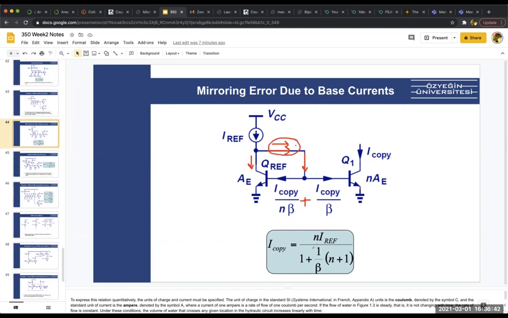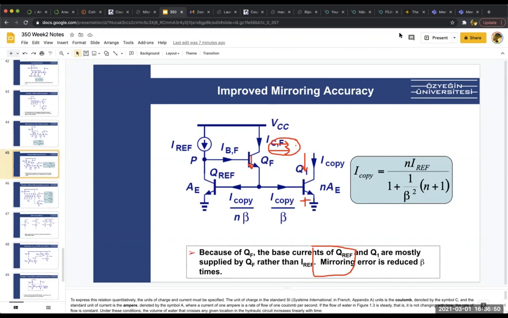And now this was causing this issue. But now in the other circuit, that current becomes much less, because we made that current even smaller by providing another transistor and having that current divided by beta. So that's why another beta factor comes here, and this current becomes very close to the IRF.